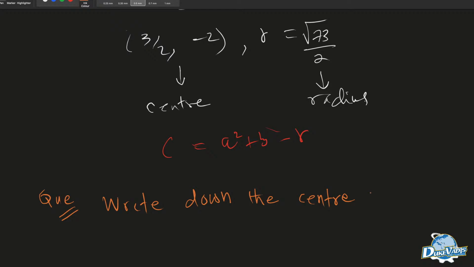Write down the center and the radius. Write down the center and the radius of the equations below.